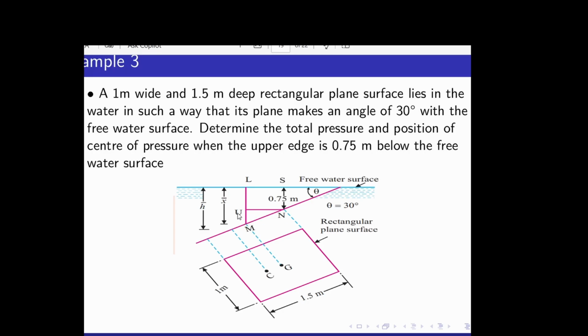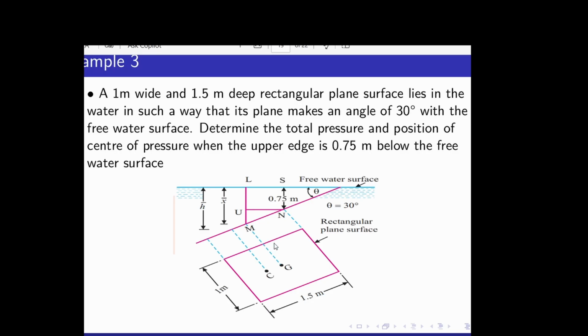Now to find LU, it has been given as 0.75, but UM hasn't been given. So how do you find UM? When you draw this triangle here, we can use trigonometric ratios to find this base. And remember the center of gravity acts at the center of an object.